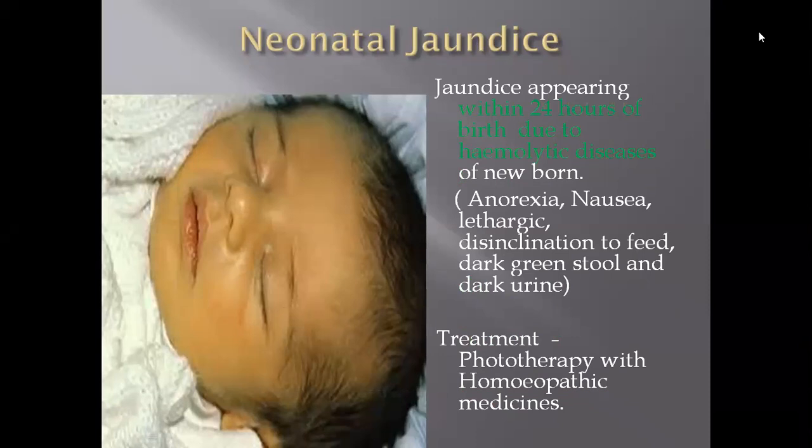This hemolytic disease is breakdown of RBC due to Rh incompatibility, and in these cases the baby generally suffers from anorexia, nausea, lethargy, disinclined to take food, and their stool may be green, and also dark urine.